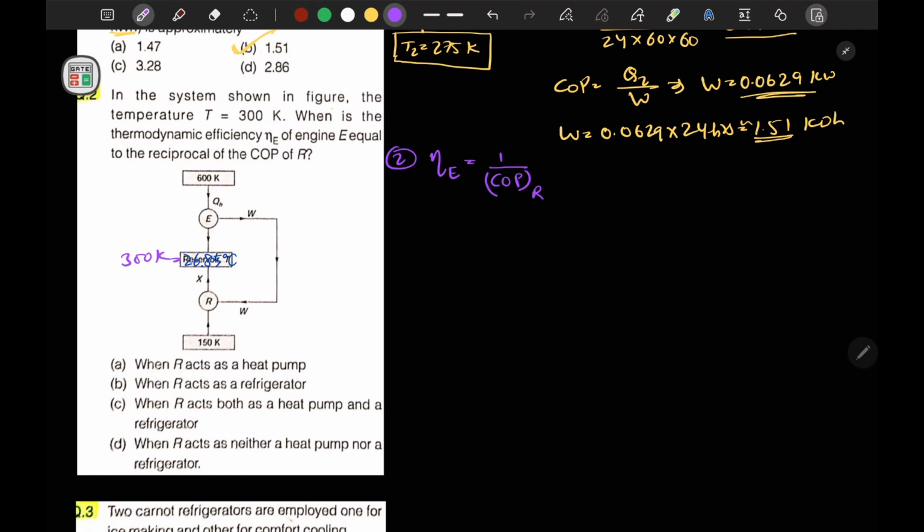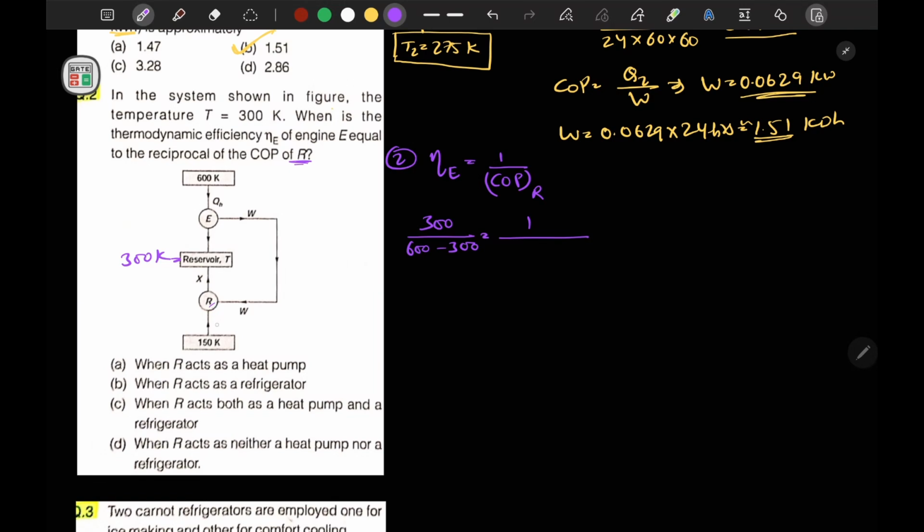So it is asked at R. Let's substitute the value of the efficiency of the engine, which will be given by TL upon TH minus TL, that is 300 upon 600 minus 300, which is equal to 1 upon COP of R. Now COP is the desired effect.